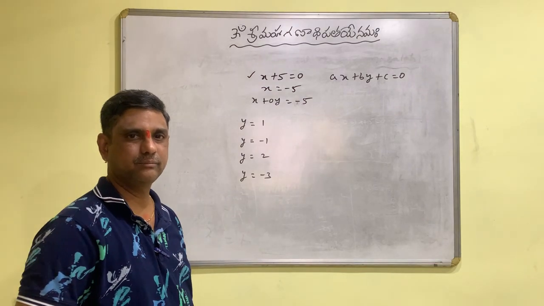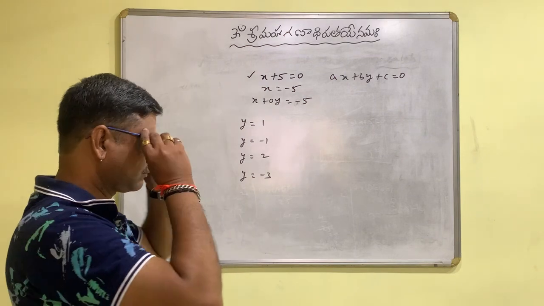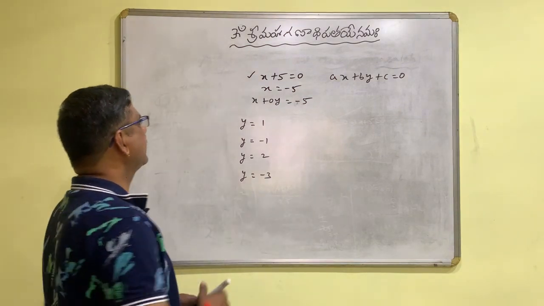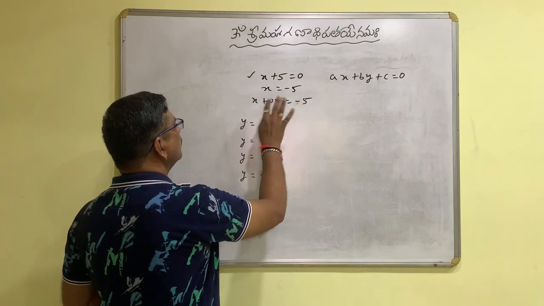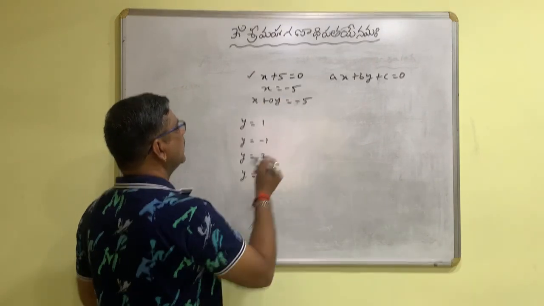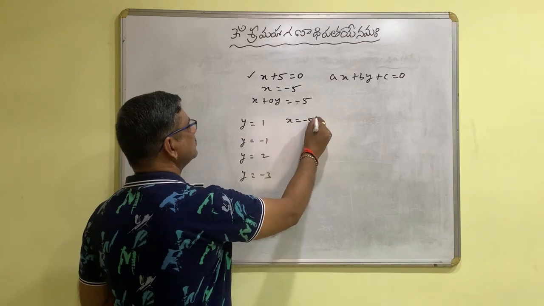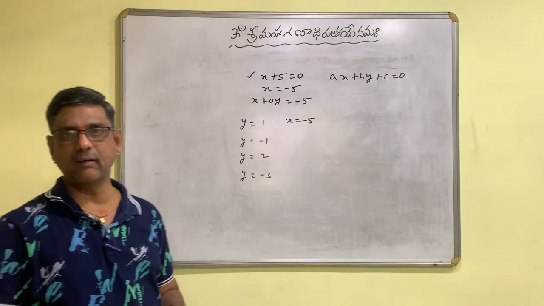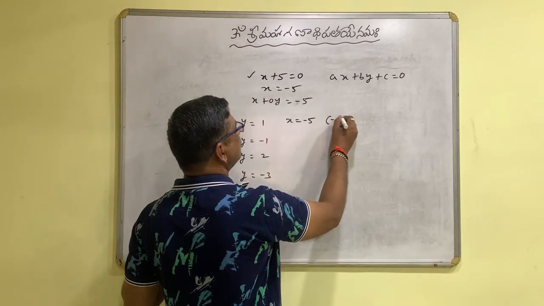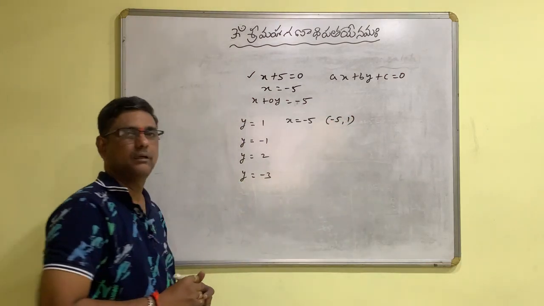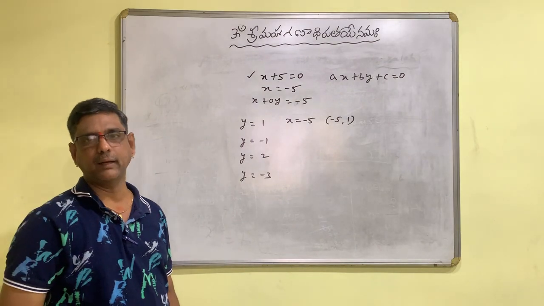Okay children. Now give value 1. 0 into 1 is 0. x plus 0 is x, so x is -5. You should understand this well. Then the solution is (-5, 1).